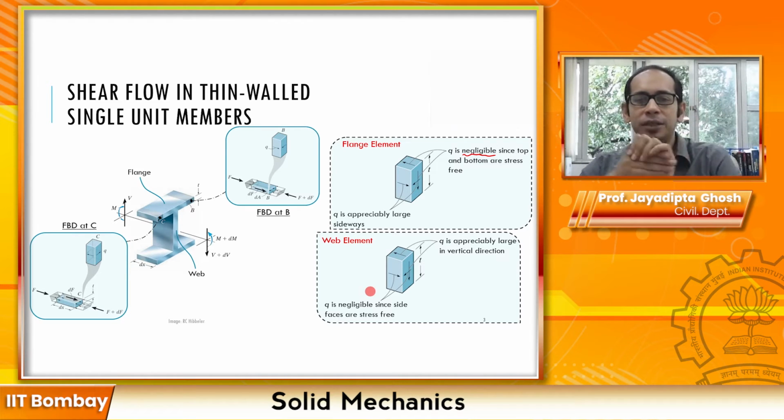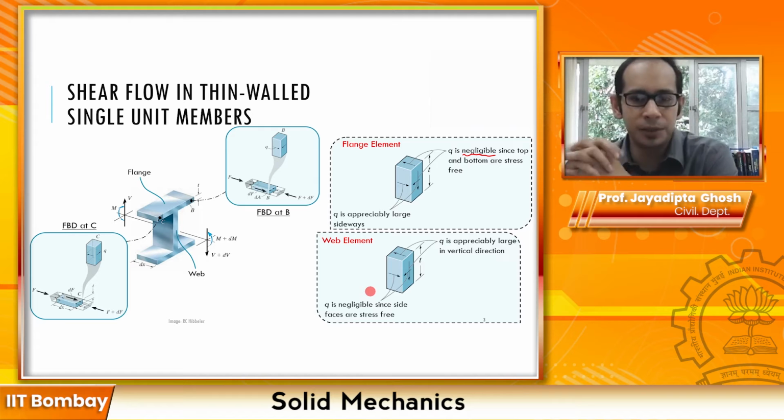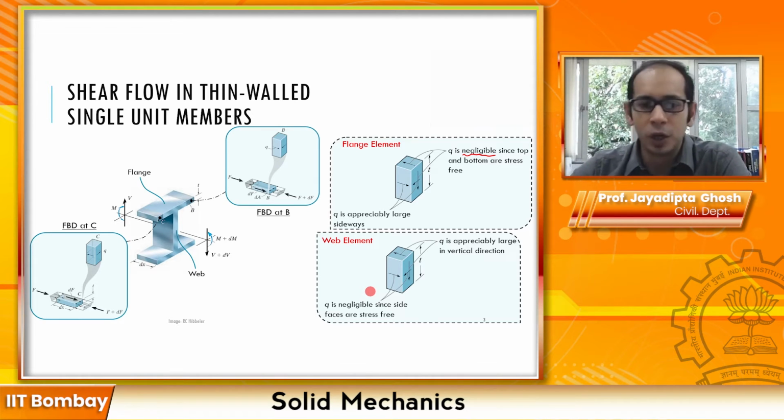So which is the direction of the shear flow, or the shear force, or the tau which is resisting your stresses? Yes, these ones over here. So if you take an element in the web, these guys over here, that is, q is negligible, so this is 0 and this horizontal q is almost 0, whereas this is appreciably high, and the vertical shear is also appreciably high.